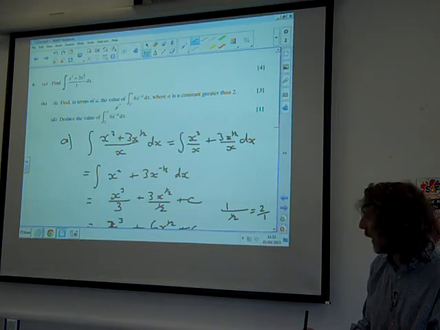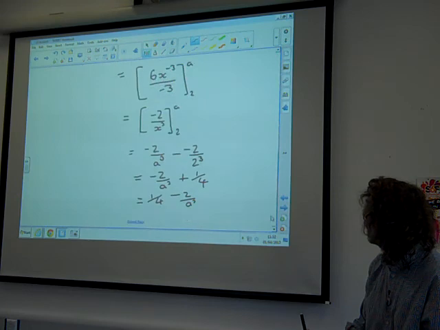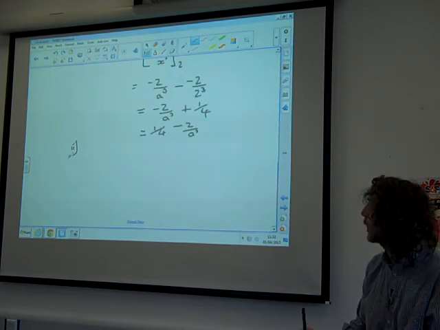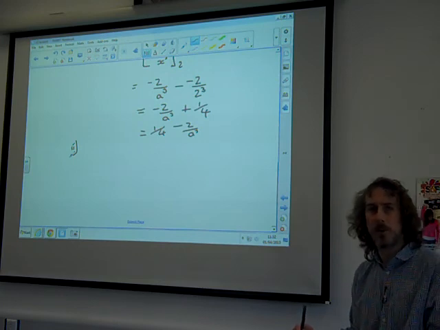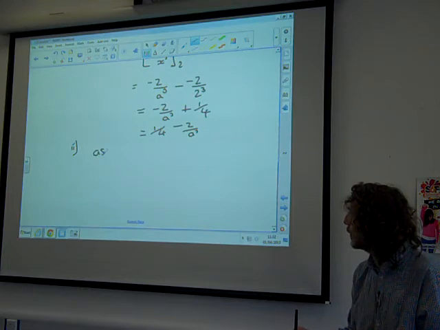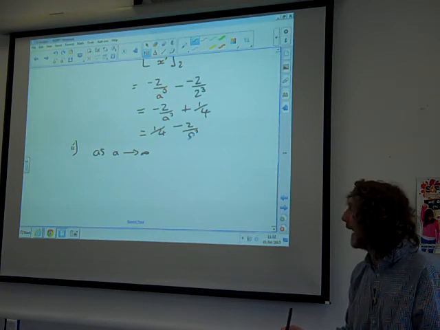So that integral that we're left with, 2 to infinity of 6x to the minus 4, that's saying what happens to this now as a gets closer to infinity. And we know that as a approaches infinity, the only bit that's got a in it is 2 divided by a cubed.